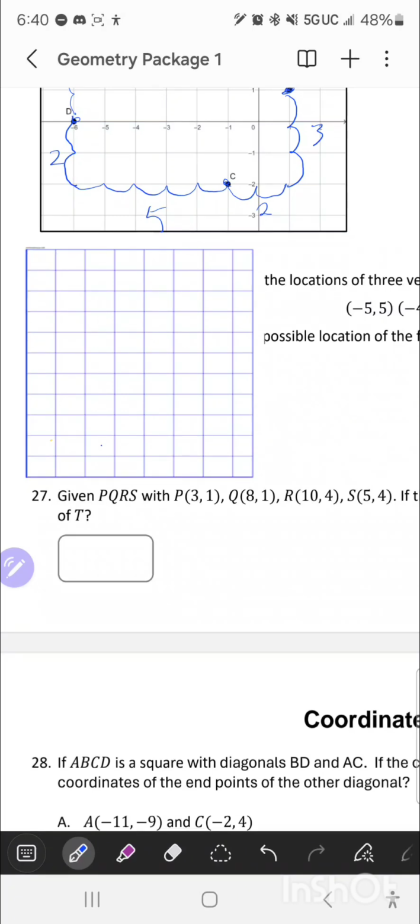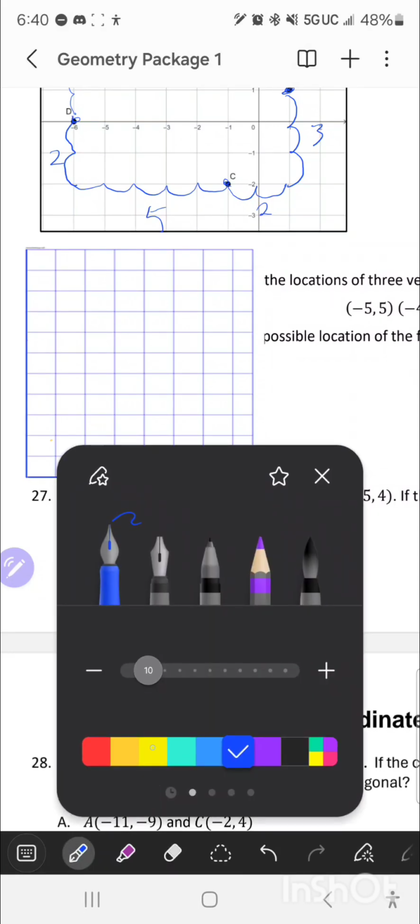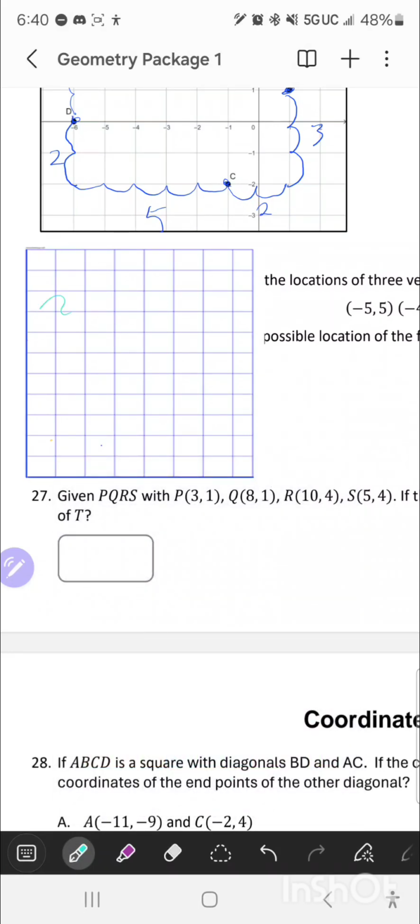Since I see that all are positive, I'm just going to draw the positive part of the graph. Let me change the color so it's easier to see. So this is 1, 2, 3, 4, 5, 6, 7, 8, 9, and 10.